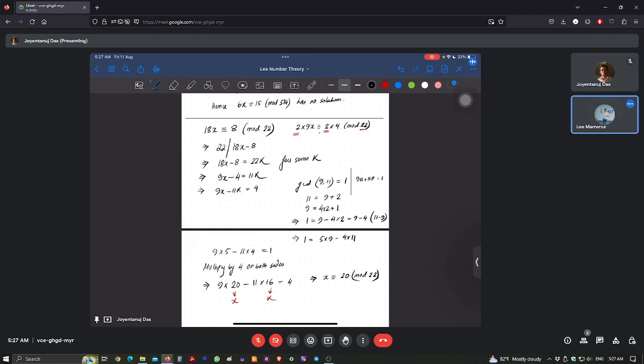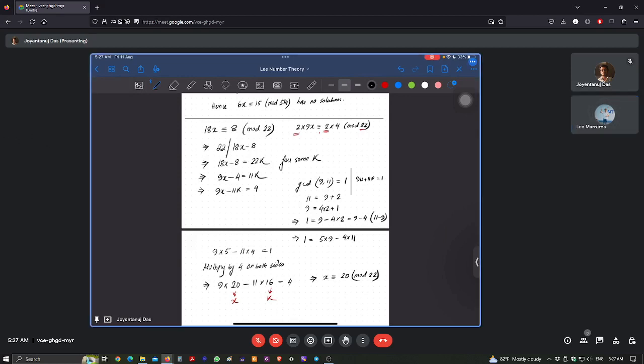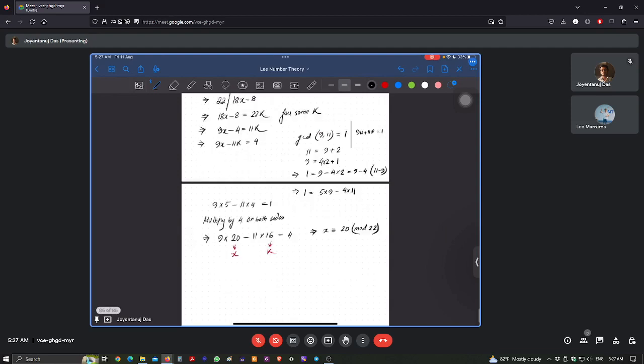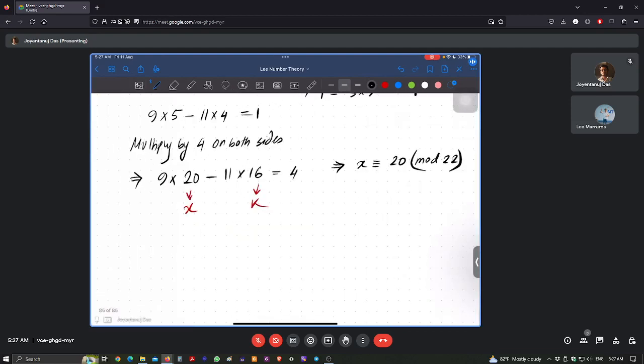Okay. So next, one more solution actually works for this case. We have 18x equals 8 mod 22. So x equals 20 works, but if I put x as 9, check once, is it working?